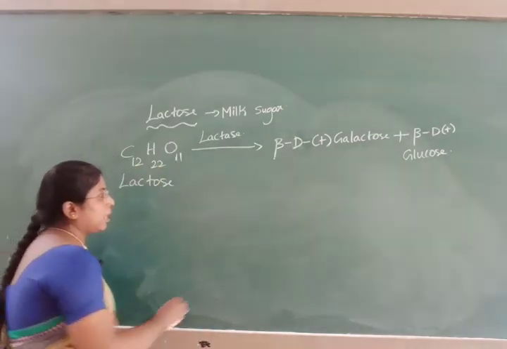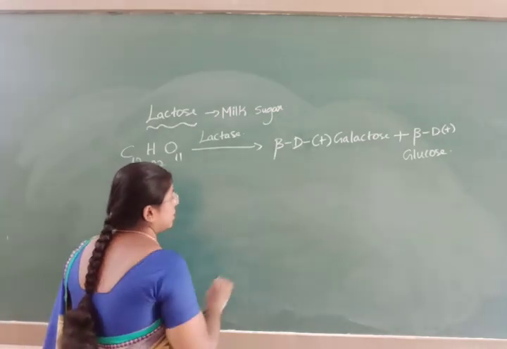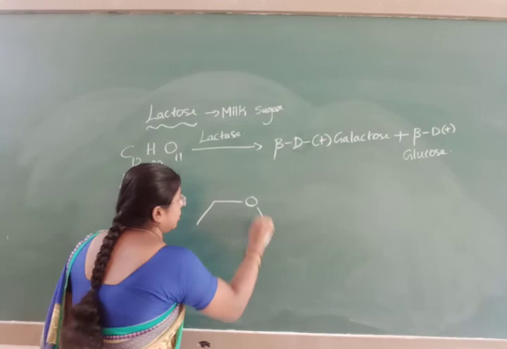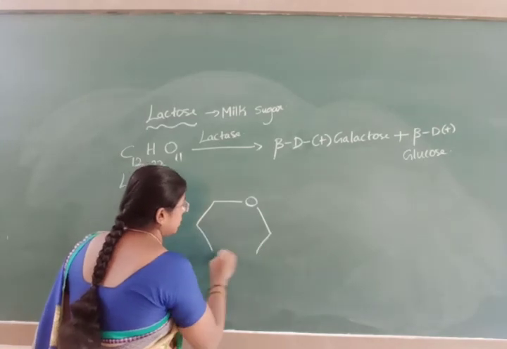Let us write the Haworth structure. Beta D plus galactose has a pyranose structure.